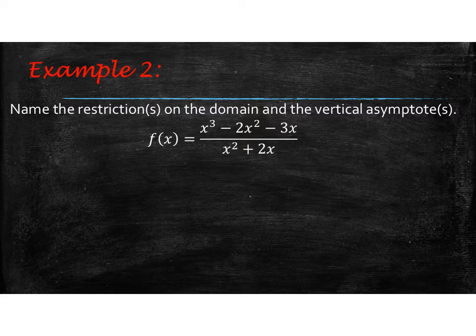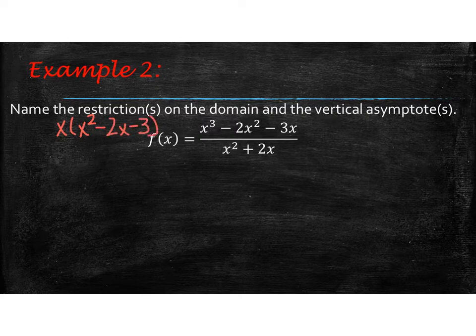Okay, example 2. Name the restrictions on the domain and the vertical asymptote, but let's also write down any holes that you have. So first you want to factor. Now, if I look at this numerator, I can divide out an x, and then I'll be left with x squared minus 2x minus 3.